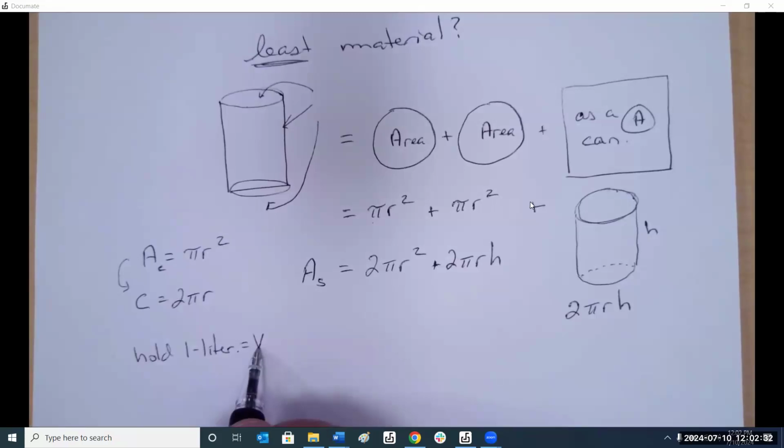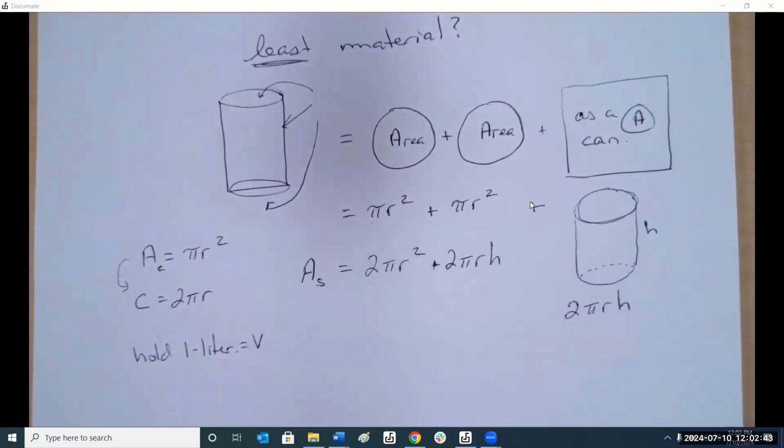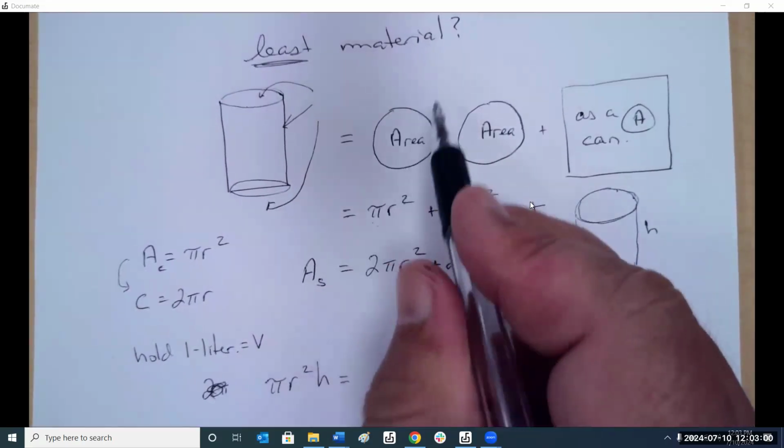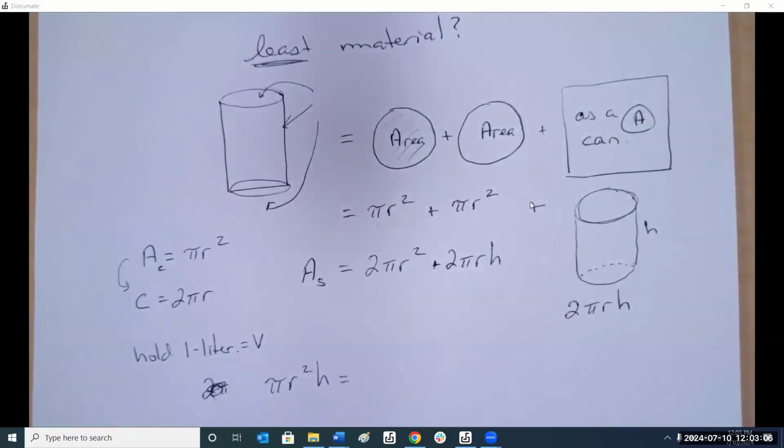So the volume equation of a can is what? You have the roundness times the height, so it's pi r squared times h, because it's this circle and it goes up and down, and this is a solid area. Now, if I stretch it out, I have the volume. And how much does it have to be? 1 liter.